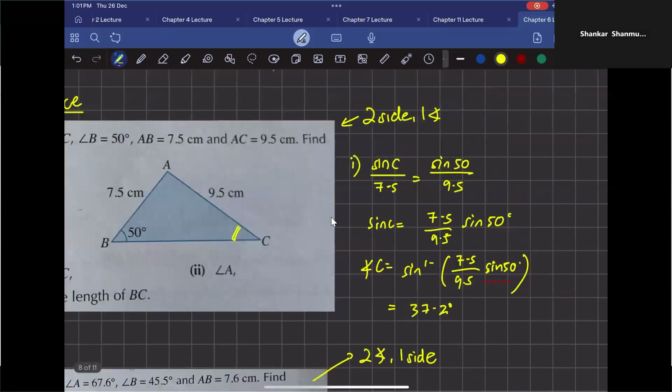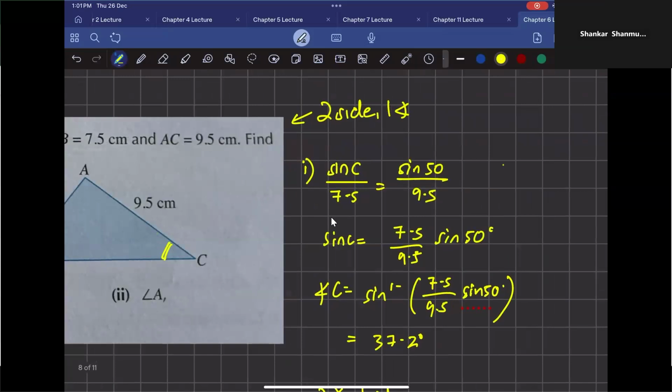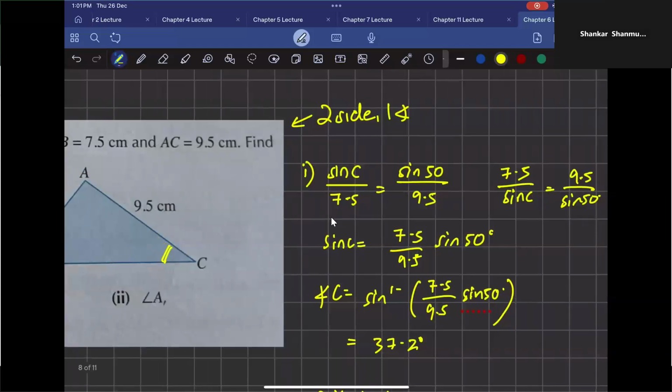Okay, you can also, let's say if you wrote the formula in the opposite manner, then you still get the same answer. So if you make sine C your subject, then you should get this formula either way. Your sine C goes up, sine 50 comes over, so it becomes 7.5 sine 50, and your 9.5 becomes a denominator. Okay?